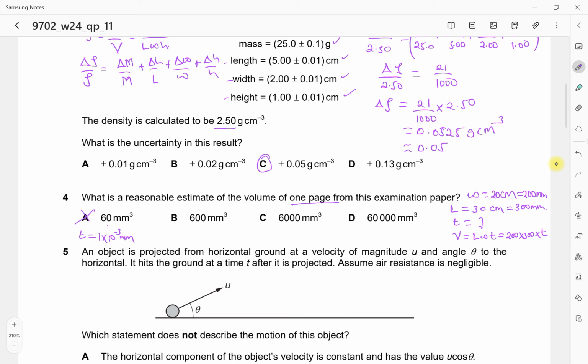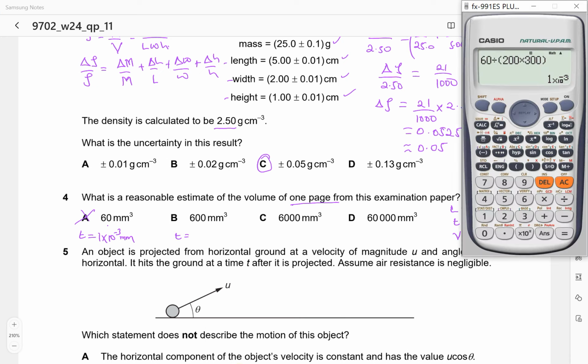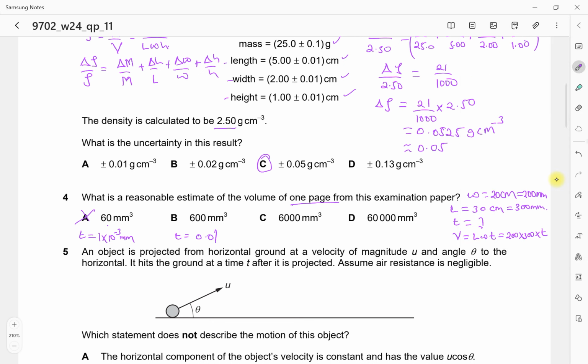Then I'll check B. We have 600 divided by 200 times 300. So this is giving us 0.01 millimeters. That is also still very small. A paper cannot have a thickness of 0.01 millimeter. That is too small.